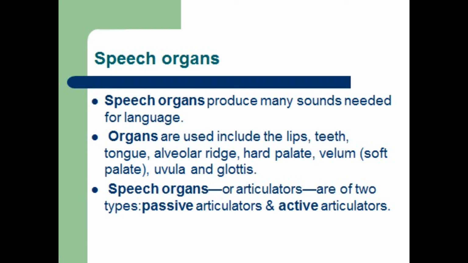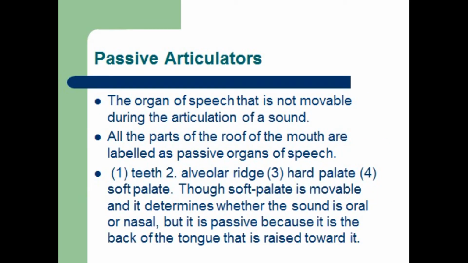Speech organs can be divided into two groups or articulators. They are passive articulators and active articulators. The passive articulators can be defined as not movable organs of speech. During the articulation of a sound, these organs are not movable.